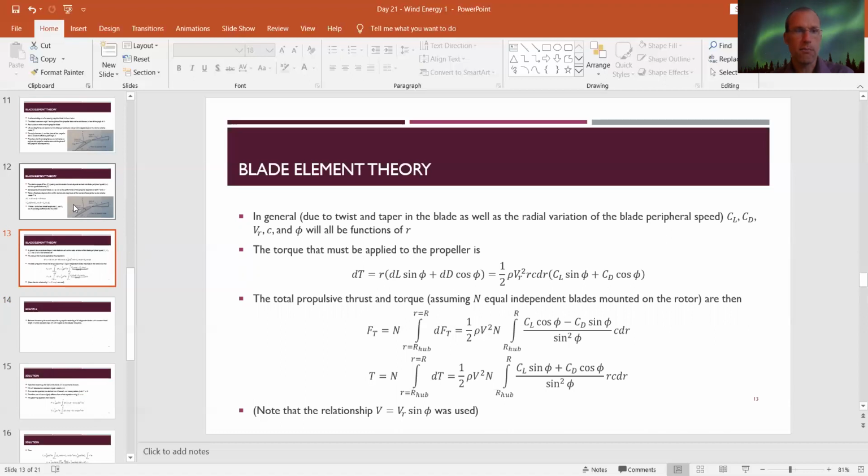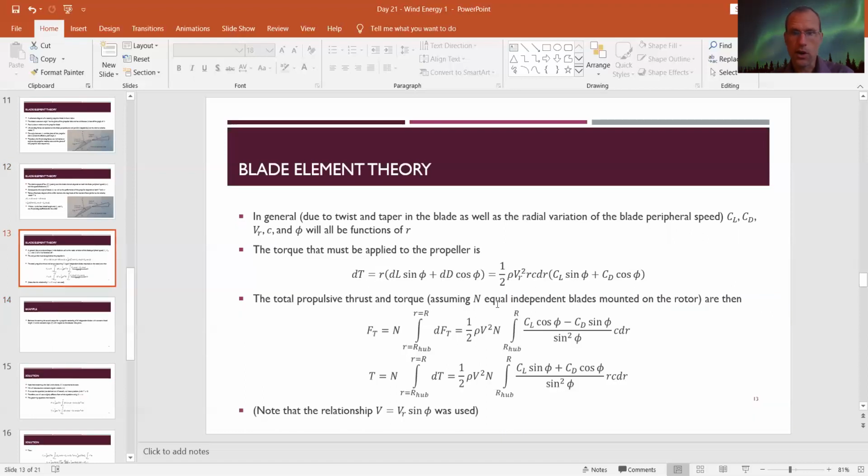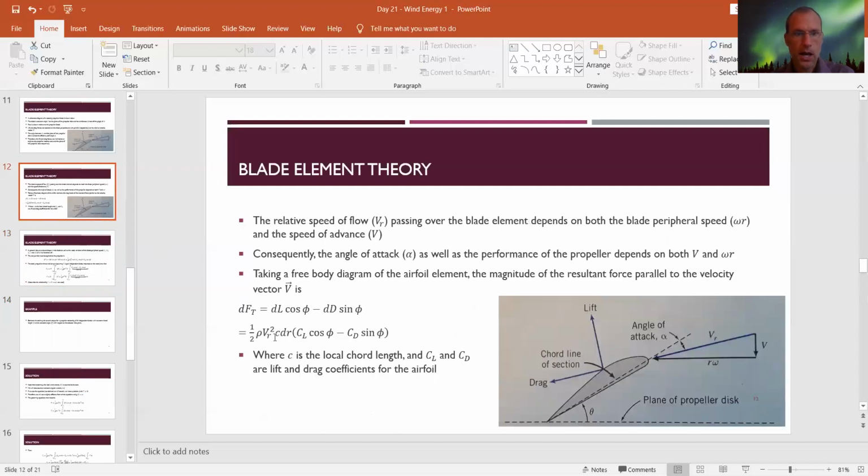What I want to do is take one step back, actually not that far. I want to back up to here, for the forces. And so I have this factor of VR. VR I changed to V over sine phi in the previous equations.